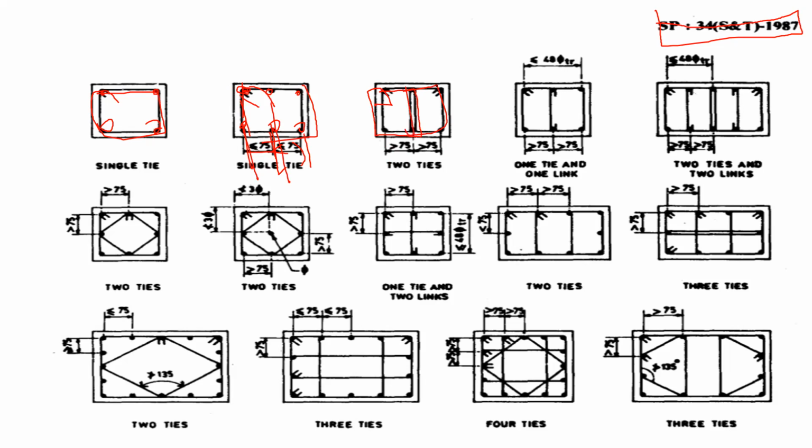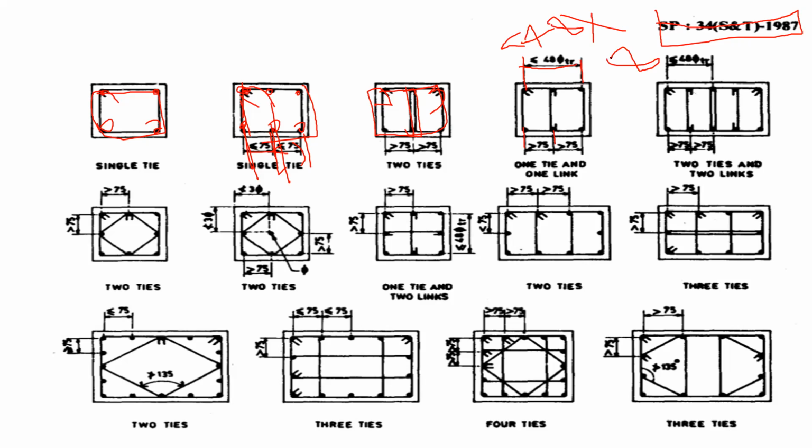These things we have also seen practically. Suppose the distance between these two longitudinal bars is greater than 75 mm, and the distance from this outer bar to this outer bar is less than 48 times the diameter of the lateral tie.